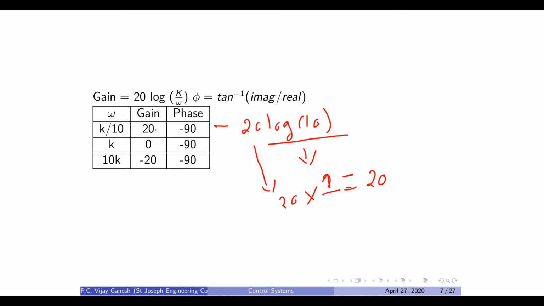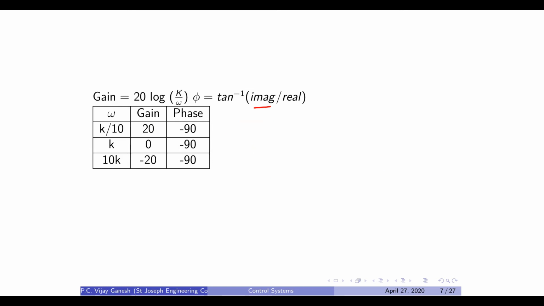Now how to calculate the phase? The phase is the tan inverse of the imaginary part by the real part. The imaginary part here is omega, and the real part is 0 for us.